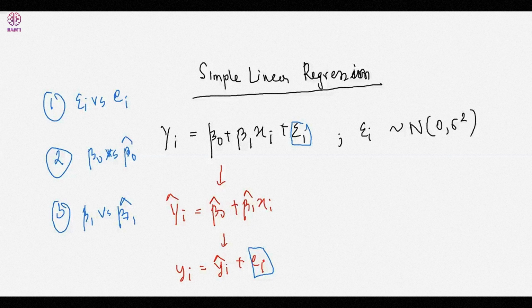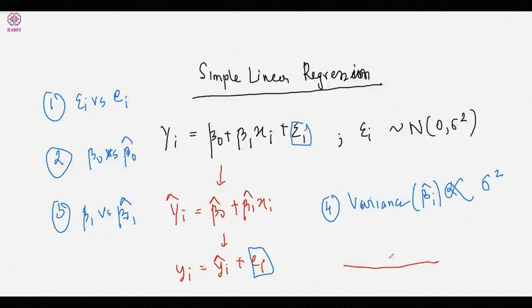Also, another thing that is really interesting is that the expectation is unbiased, the bias is 0, but the variance of these betas is proportional to sigma square. That means the more the variance, the more the uncertainty, the worse the behavior of beta naught hat and beta 1 hat in approximating.